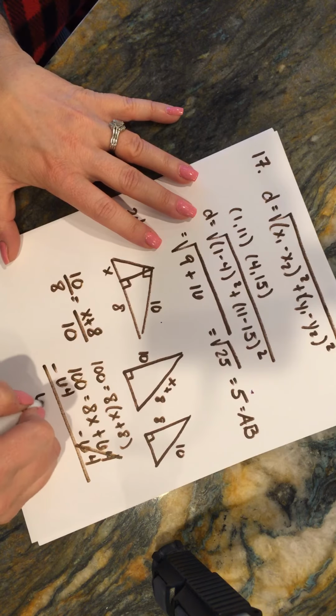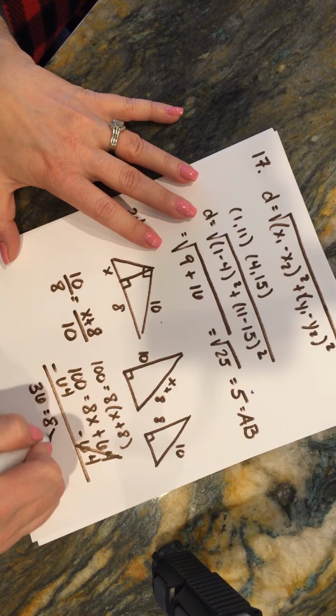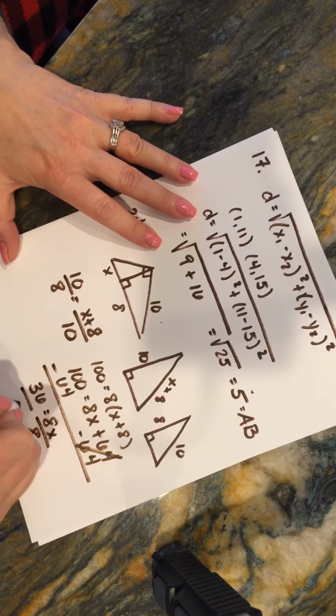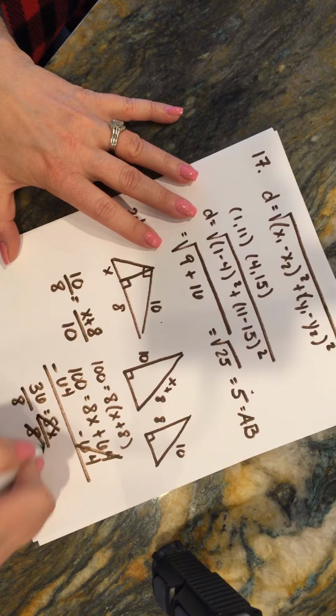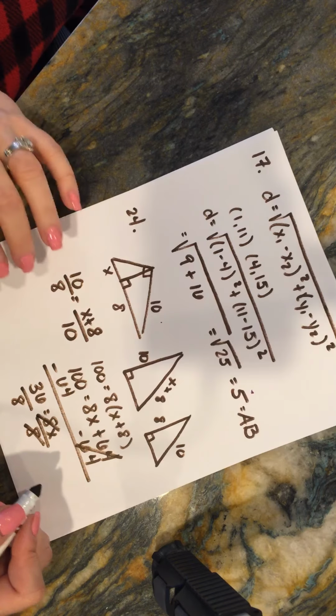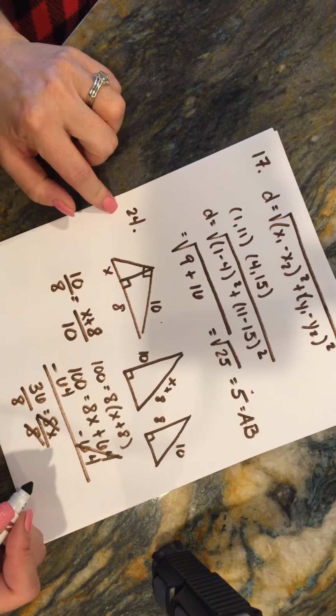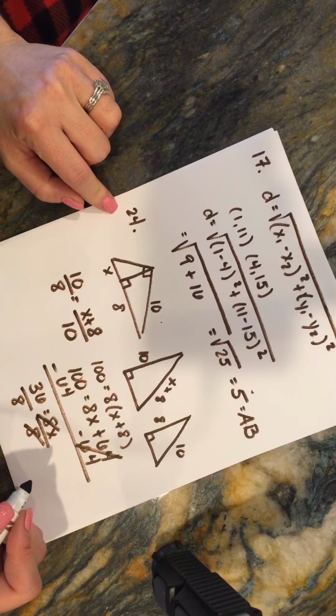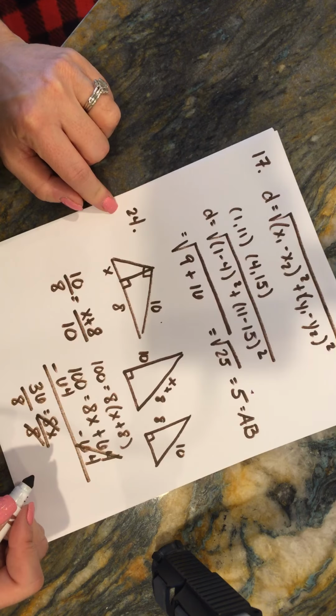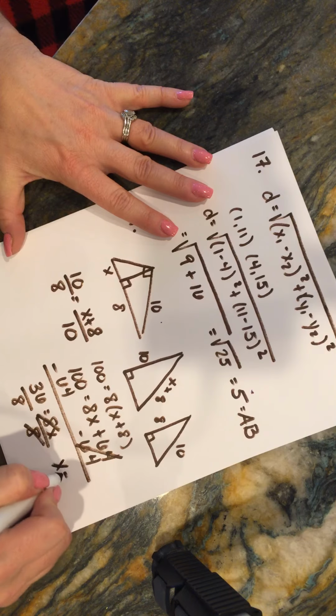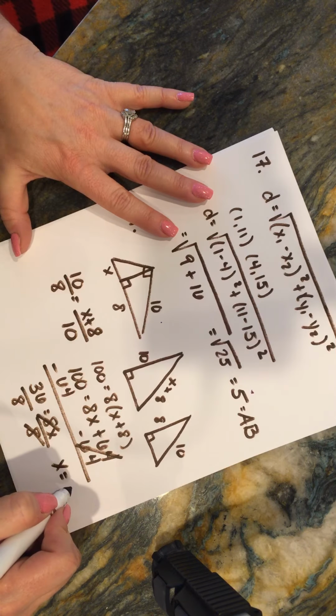That gives us 36 equals 8x. Divide by 8. 8 does not go into 36 evenly, but we can reduce our fraction, so x will equal 4.5.